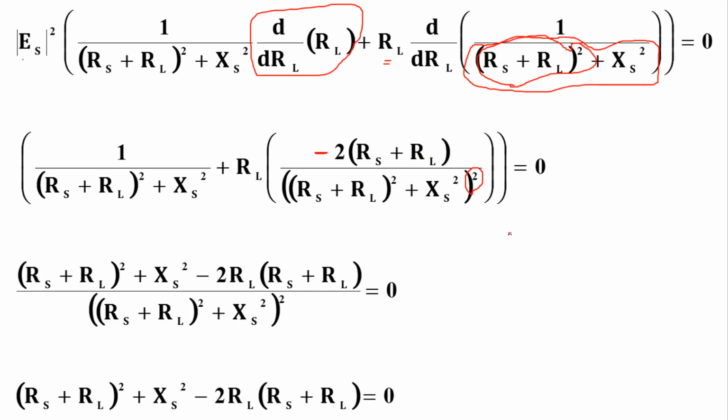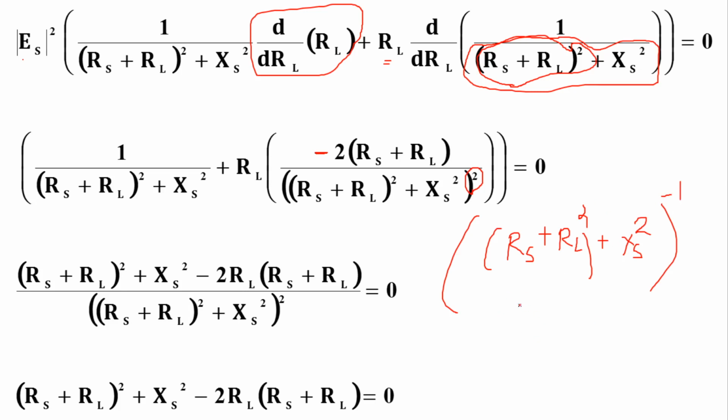Let me show that derivation over here. We have RS plus RL whole square plus XS square. If I write it in the numerator, I can write power 1.